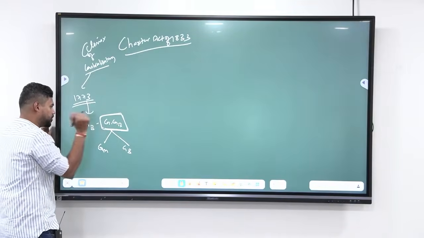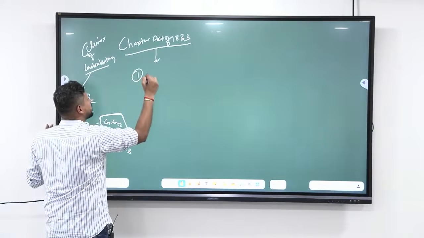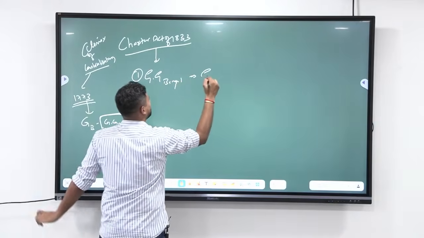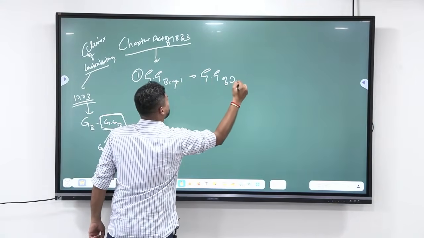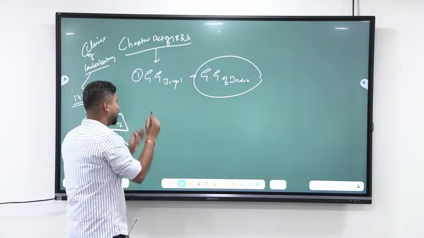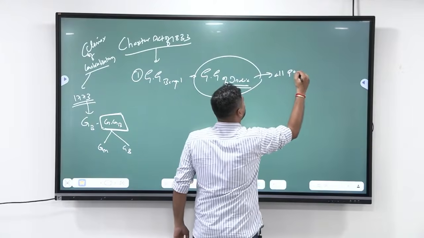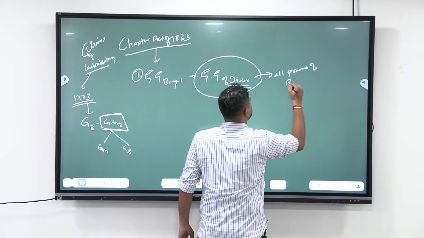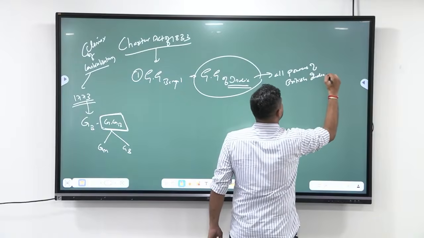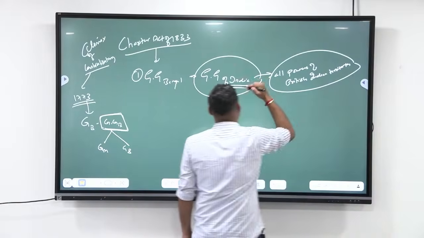That is, more powers were given to this person. Now, in 1833, look at this. The first point is the Governor General of Bengal is made the Governor General of India. Obviously, when they say Governor General of India, that means all powers of British Indian territories are vested in the hands of the Governor General of India.